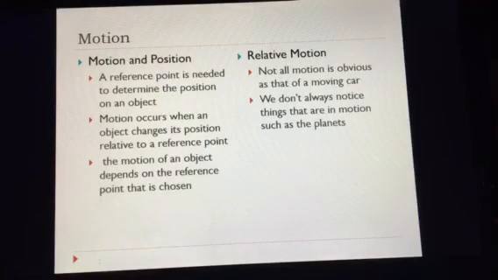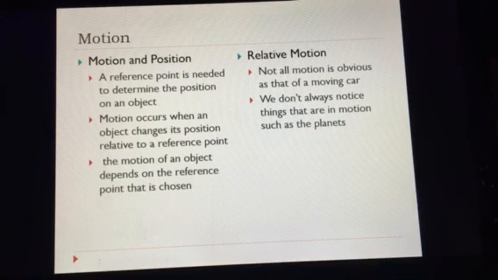Okay, so when we talk about motion, motion is usually defined as a distance and a time. And so there's always reference points when we talk about motion. An example would be Warner would be a reference point on a map compared to Aberdeen.